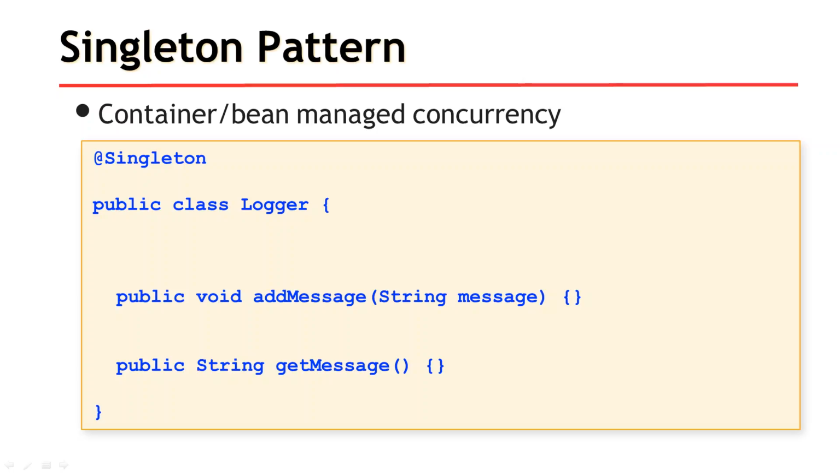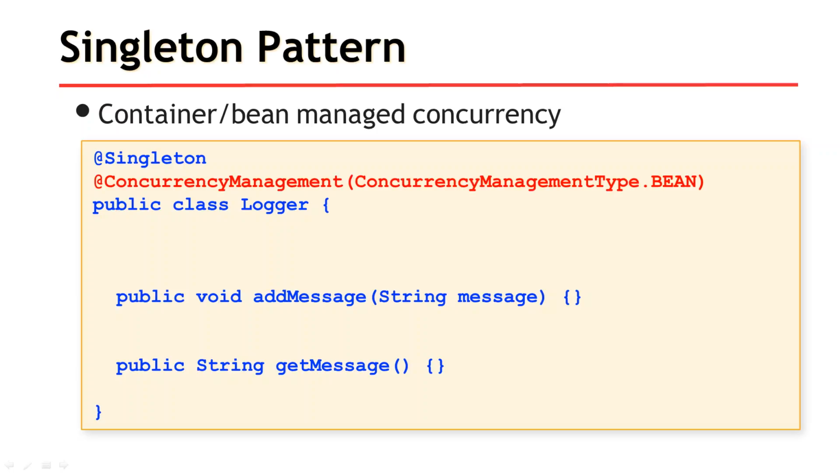Well, Java EE offers two types of concurrency management: container managed and bean managed concurrency. By default, the container manages the concurrency, removing the need to implement the usual concurrency solutions. However, we are given the option to manage it ourselves by choosing bean managed concurrency. Add the @ConcurrencyManagement annotation with the bean type to the class definition.